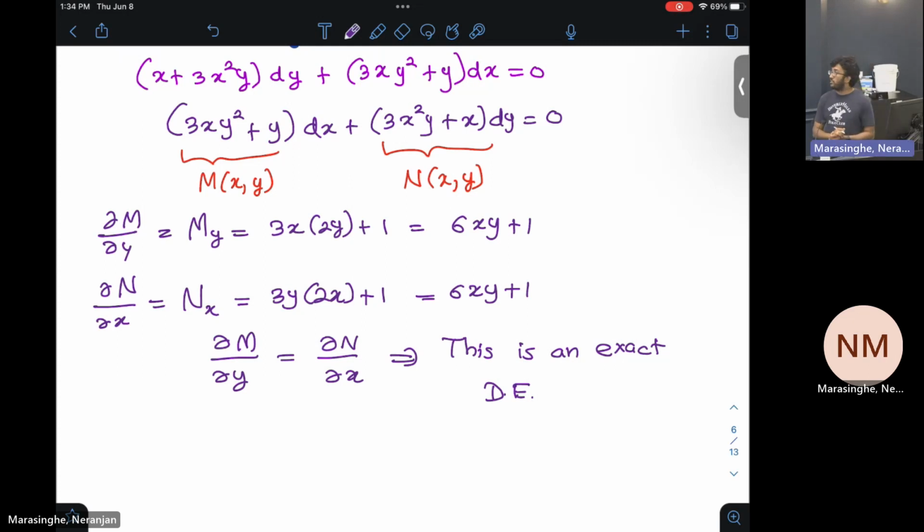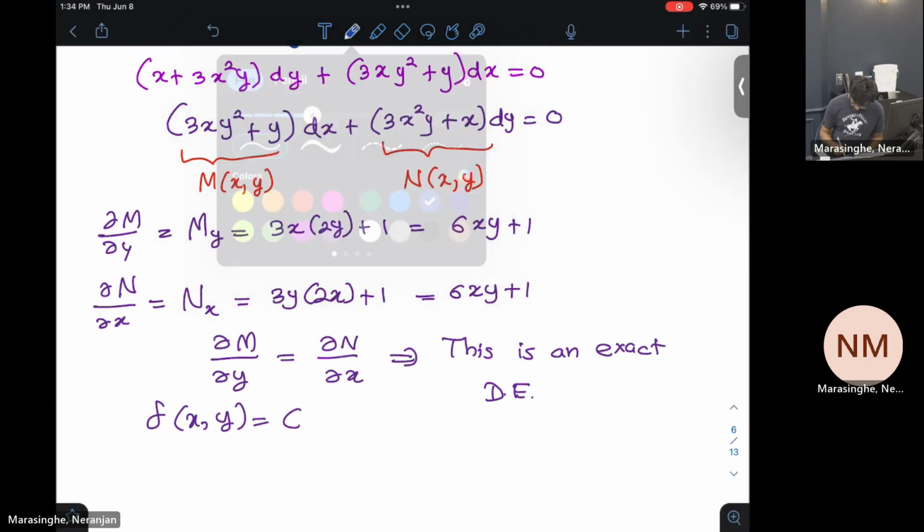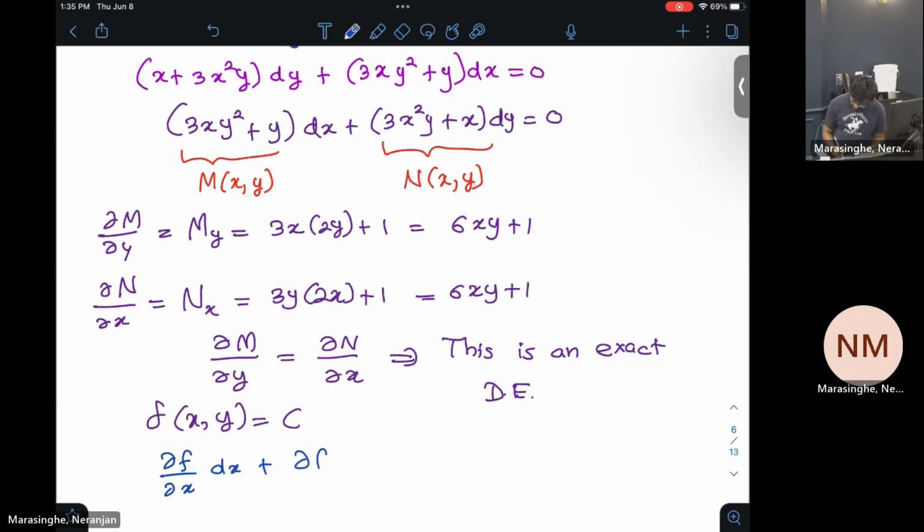So that means we can solve this differential equation, right? The solution would look like this: f of x, y is equal to constant, right? Therefore, the differential is equal to 0. Partial f over partial x times dx plus partial f over partial y times dy is equal to 0.